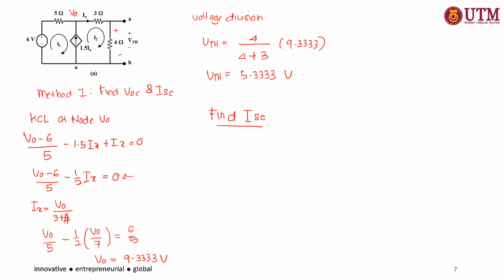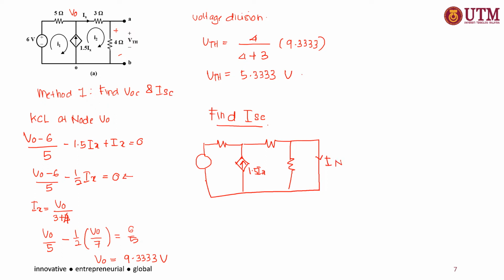Okay, so in order to find I short circuit, for this terminal A and B, you need to do a short circuit. So now, this is your new circuit. Okay, we have this short circuit. This is your IN.